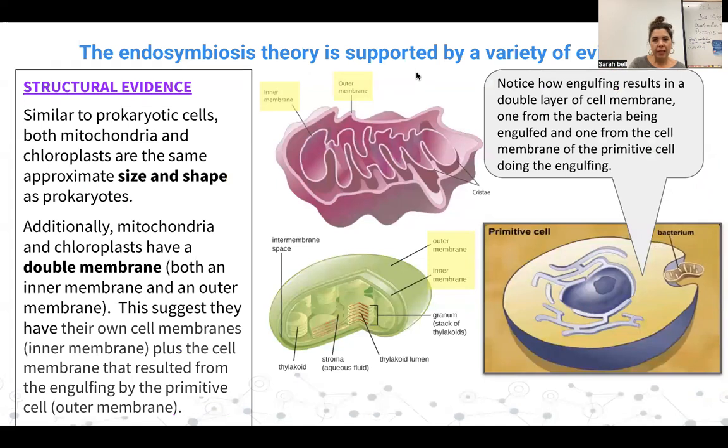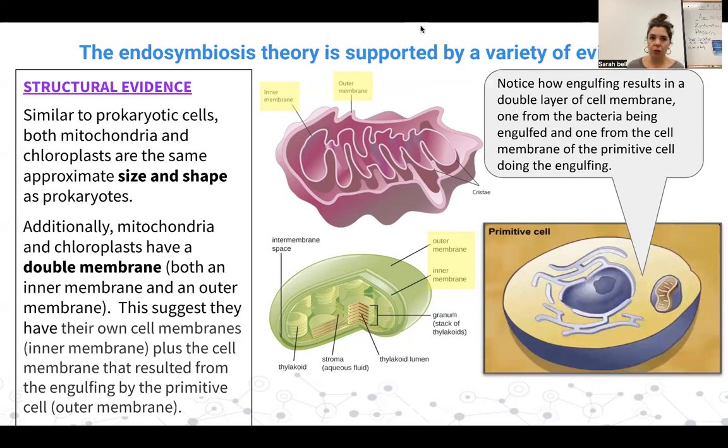So hopefully at this point, you're asking yourself, why should I believe this? Like, what's the evidence behind endosymbiosis? So let's go through and talk about 3 different pieces of evidence. And I think you'll start to see that the body of evidence together makes this a very strong theory.